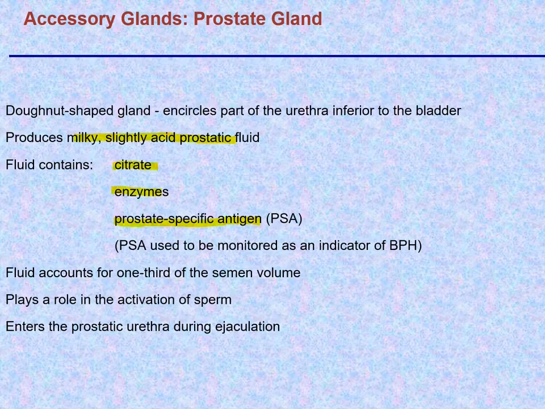This fluid coming from the prostate accounts for about 1/3, 33%, of the semen volume. It plays an important role in activation of the sperm, and it is added to the semen during ejaculation by being ejected into the prostatic urethra and joining up with the secretions of the seminal vesicles and the sperm coming through the ejaculatory duct.